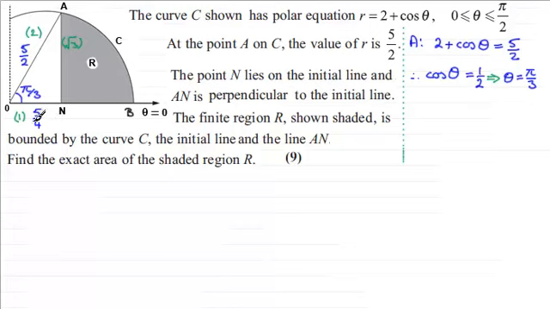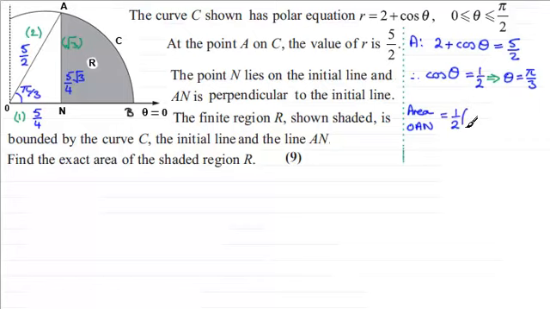And if this represents 1 unit and AN is root 3 units, then this side here, AN, is going to be 5 over 4 times root 3. So we've got 5 over 4 root 3 for that length. So now I'm in a position to get the area of triangle OAN. The area of triangle OAN is going to equal half the base times the perpendicular height.